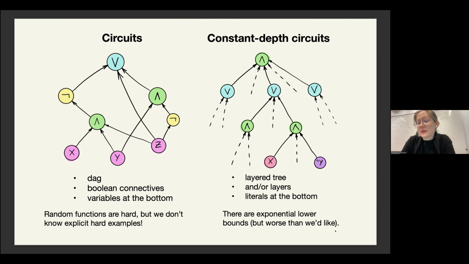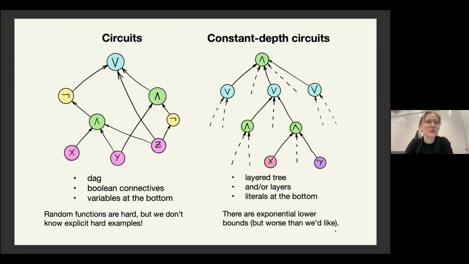In each layer you have either only AND connectives or only OR connectives, and the layers interchange. We also require that the negations can be seen only at the bottom with the variables. The variables are at the bottom of the tree, in the sources again, and the root of the tree is the sink that computes the value of the function.